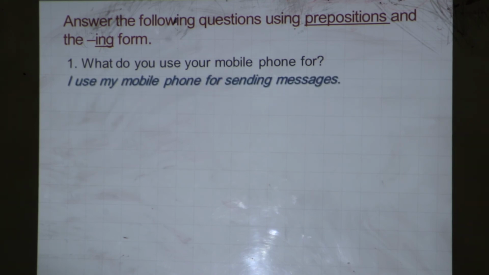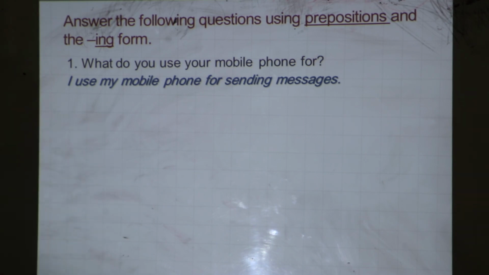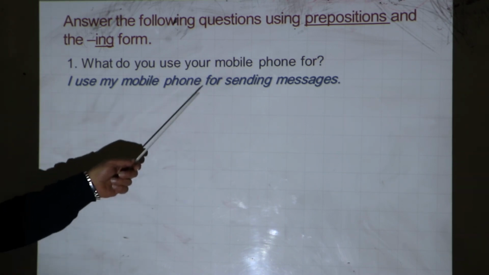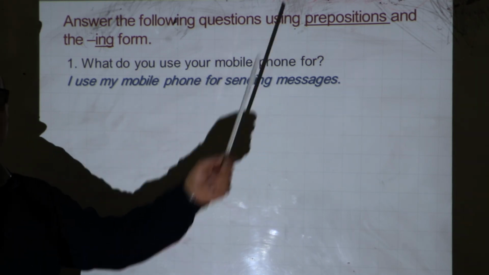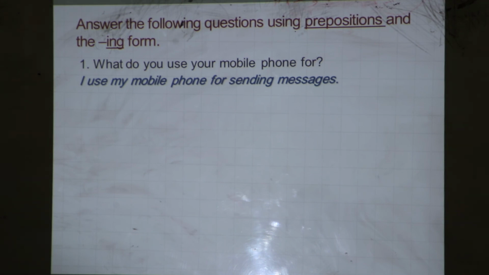Look at number 1. What do you use your mobile phone for? You can answer, I use my mobile phone for sending messages. You can say, I use my mobile phone, for example, for doing research. I can use my mobile phone for calling friends.